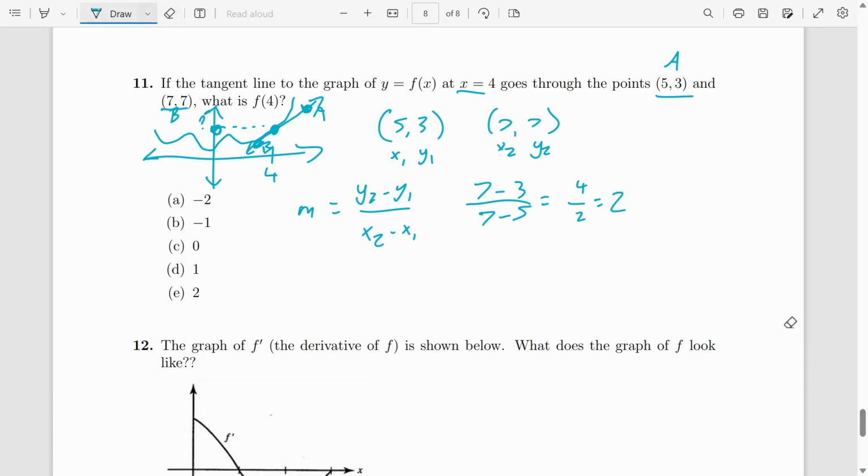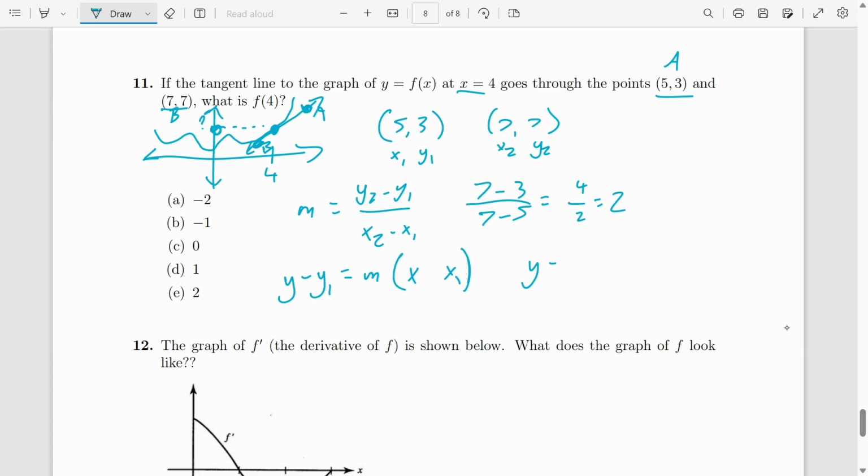Using that slope, we can use the point-slope form, which is y minus y1 equals m, the slope, times x minus x1. This y and x aren't actual values. You just use literal x and y for that. So I'll show you what I mean.